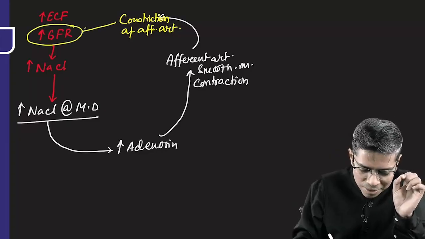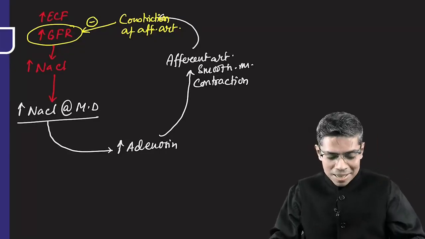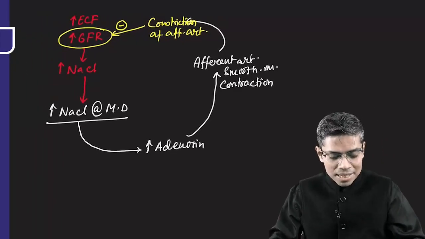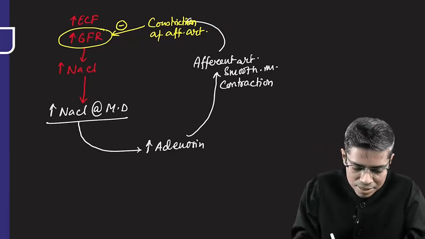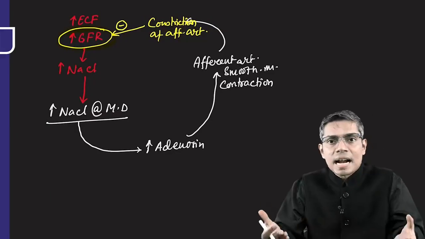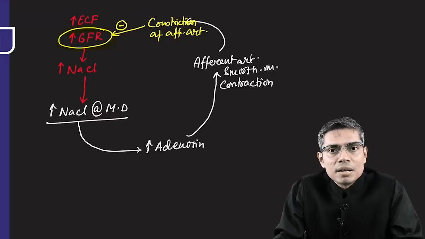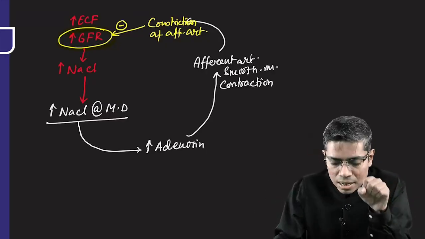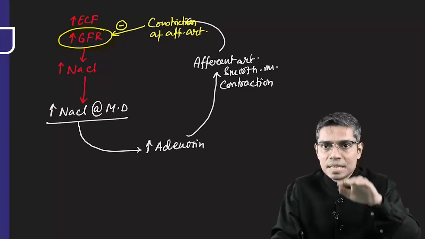Constriction of the afferent arteriole means it will decrease the GFR. So now I can understand what kind of feedback this is. Negative feedback, right? Because increase in GFR is releasing adenosine, and that adenosine is acting at the level of afferent arteriole of the glomerulus, and because of the constriction of this afferent arteriole, the GFR is normalized, GFR is decreasing.